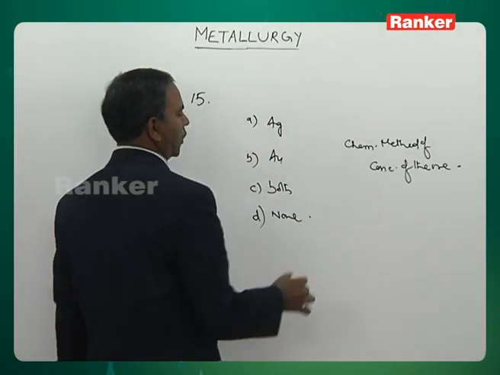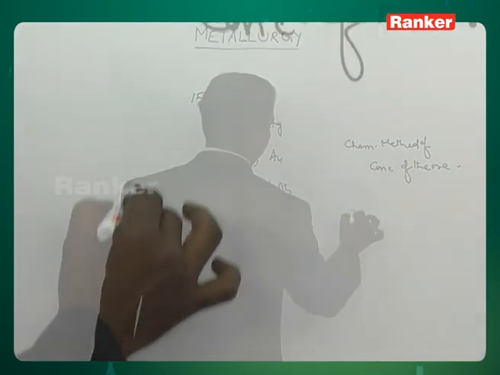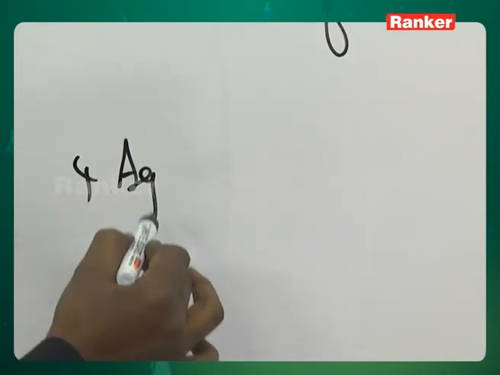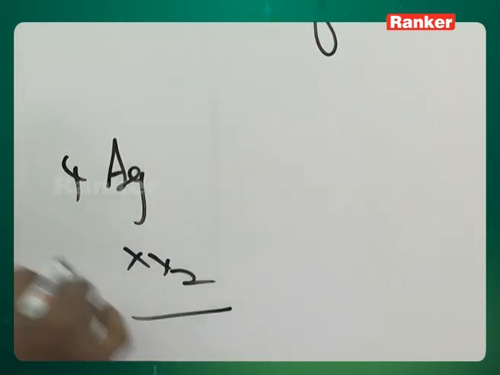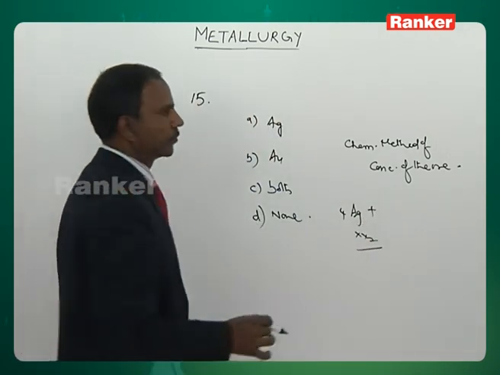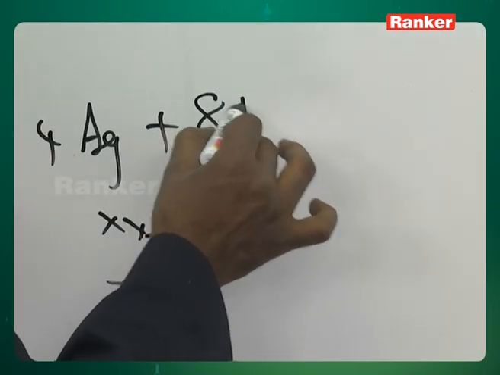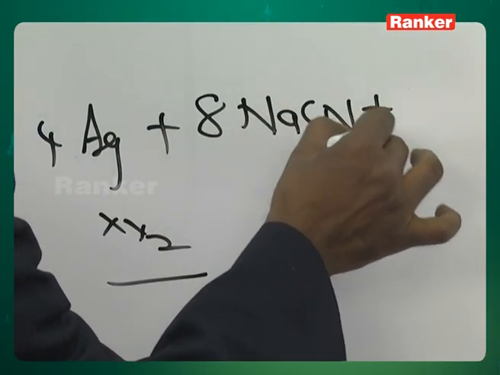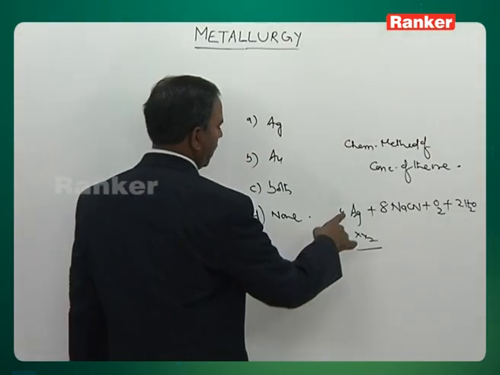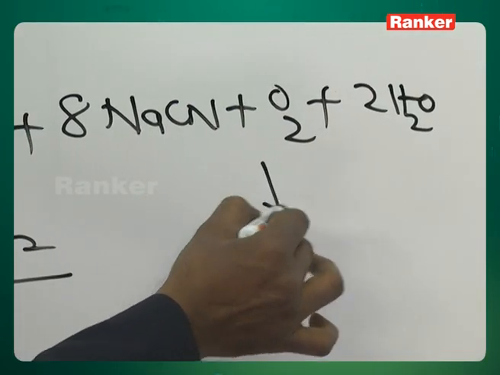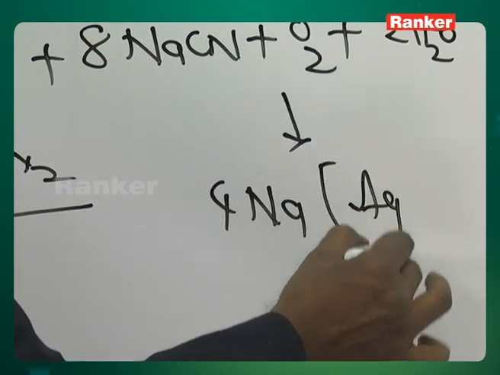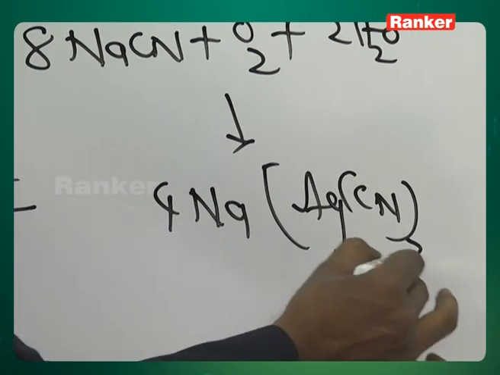Ag and Au are generally carrying some impurities. Take Ag, it is carrying some impurities X, Y, Z. This particular Ag is leached with sodium cyanide, 8 NaCN, in the presence of atmospheric oxygen and some amount of water. Ag converts into a soluble complex, 4 Na[Ag(CN)2].